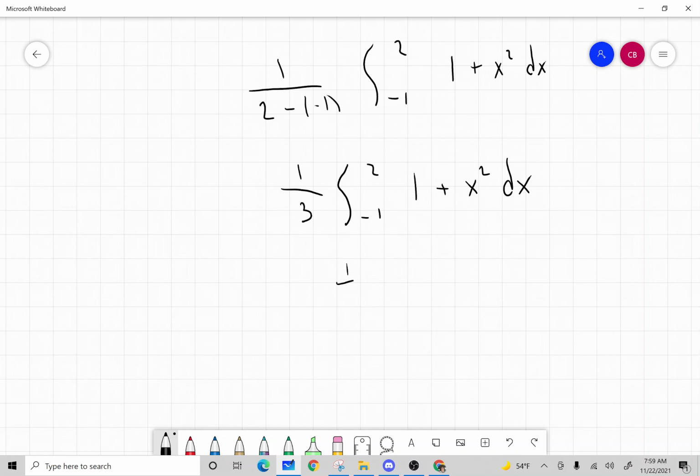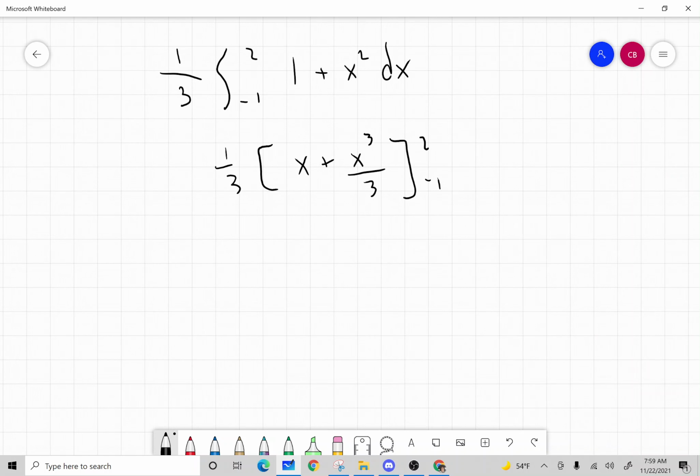Then we have 1/3 times x plus x cubed over 3, from -1 to 2, and then we just plug in. So we have 1/3 times 2 plus 2 to the 3rd over 3, minus -1 plus (-1) to the 3rd over 3.